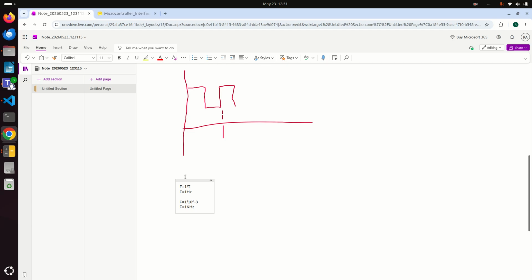The output you are getting is continuous output. We are not able to see the toggling now. When you apply any filter, then you can see a smooth analog wave.